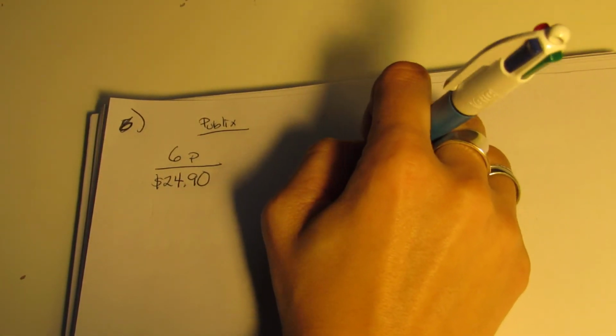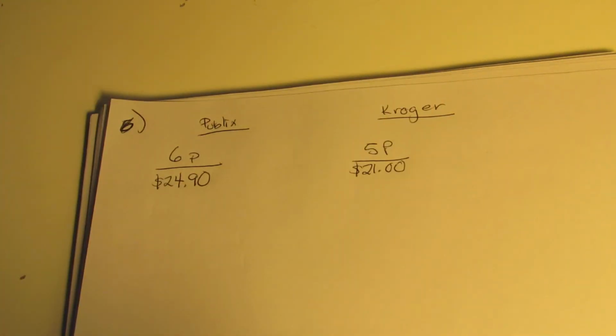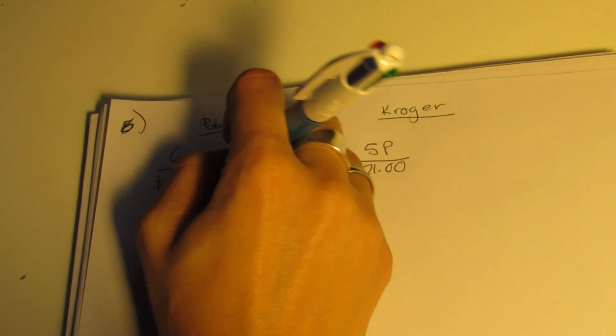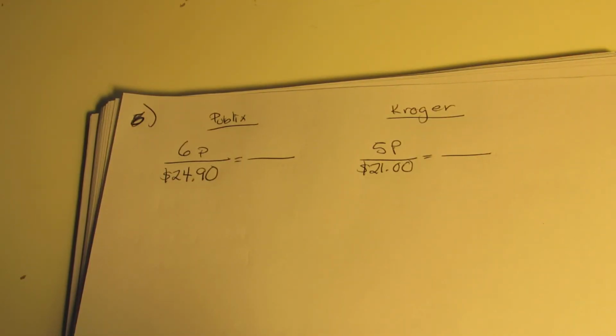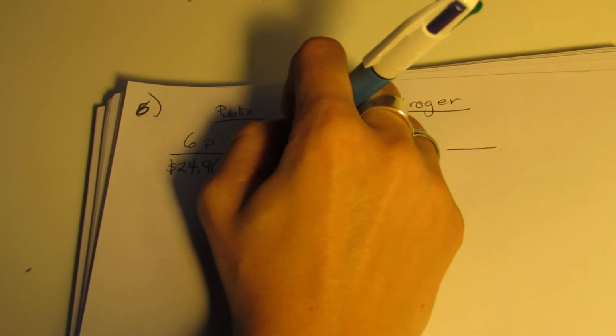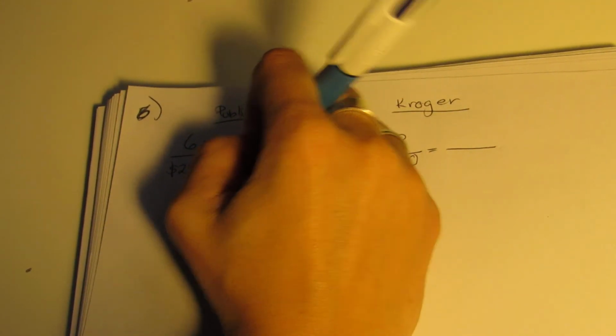Please, please, please label your numbers. If you don't do that, guys, I can't help you be successful. So I'm going to set this equal to another fraction so I can find the unit rate. We want to know which store is offering the better deal. So I'm going to go ahead and label pizzas per dollars.